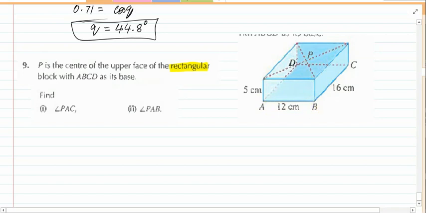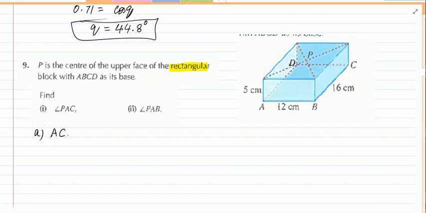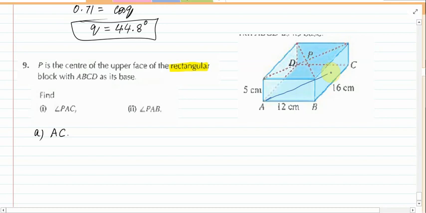Now we need to find the value of PAC. So what I need to find first, step one, find the value of AC. Now it will be good if you try this question by yourself, right? To find the value of AC is very easy, you can do it. So if I draw the line from A to C, I can see that it is a right angle triangle.